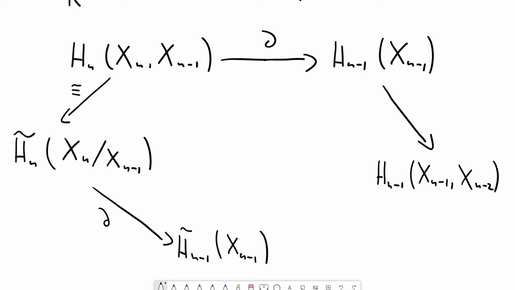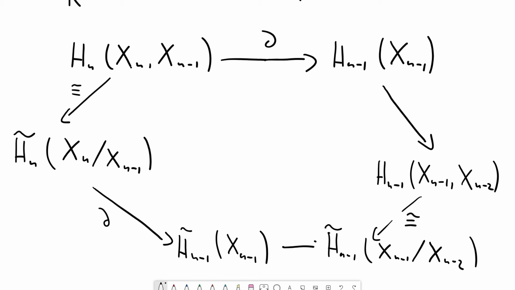And what did we have here? Here we have the collapse map again. So this is the isomorphism going to the (n-1)st reduced homology of the (n-1)-skeleton mod out the (n-2)-skeleton. And here we've got the map induced from the quotient map on the level of spaces. Okay. So we have to verify that this diagram now commutes.